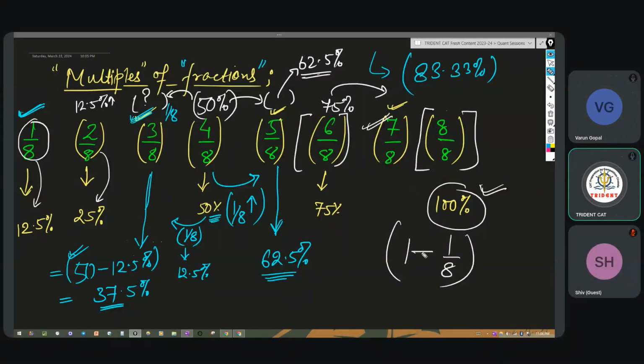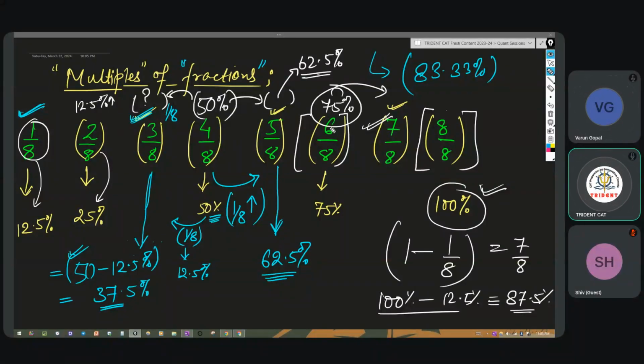Make sense? 87.5. 1 minus 1 by 8 gives you 7 by 8. 1 basically corresponds to 100%. 1 by 8 is what? 12.5%. So when you do the subtraction, do you not get 87.5%? Yes or no? And if you just add 12.5% to 75%, you'll also get 87.5. This is what I was saying.